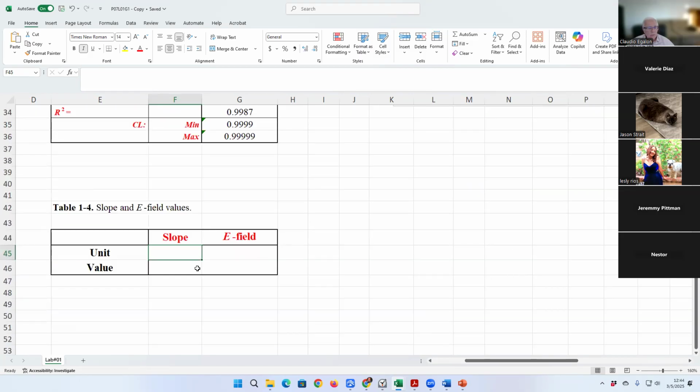That's what you have here for these two cells. The electric field is the same as the slope value. The electric field coincides with the slope. So whatever you have here, you just copy and paste here. That's what 1-4 is all about.